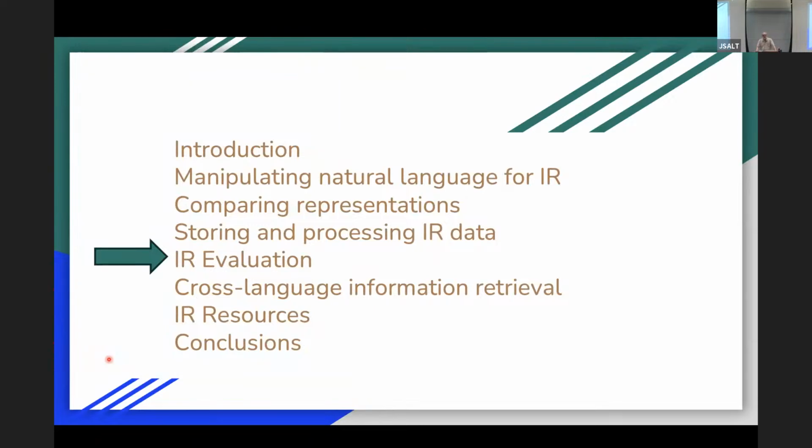Now, it's very important to talk about evaluation and information retrieval. Information retrieval is basically the grandparent of open evaluations. The TREC evaluation started over 30 years ago, and it has driven the field.